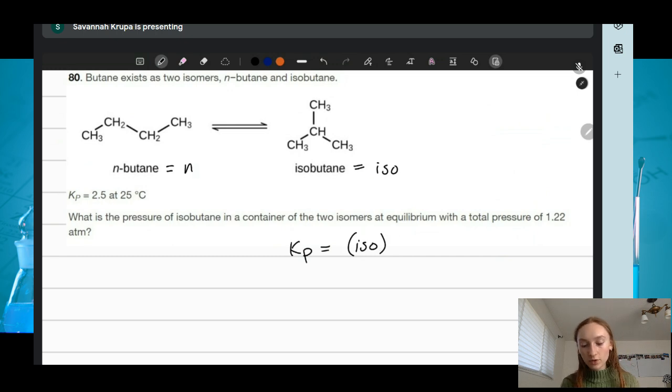And before we move any further, there doesn't need to be any coefficients. This is completely balanced. There's the same amount of carbon on both sides and the same amount of hydrogen, so there's no raising to any power. And so the equation will look like this. And it gives us the Kp constant, so that would be 2.5, right?